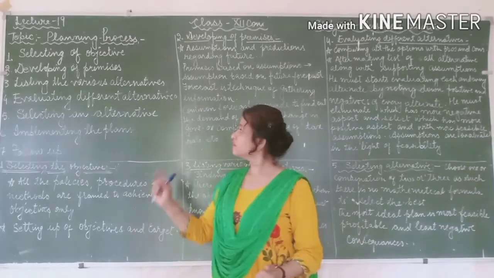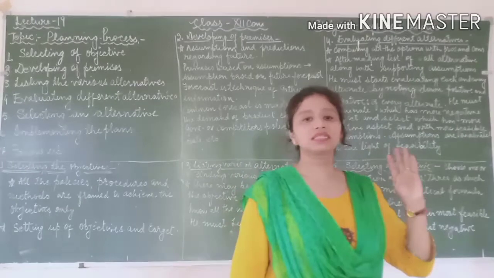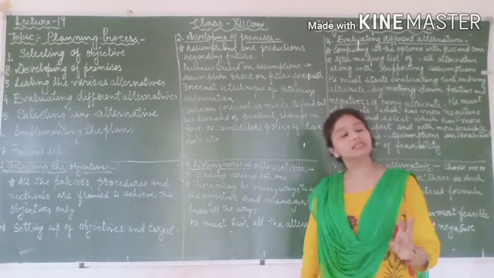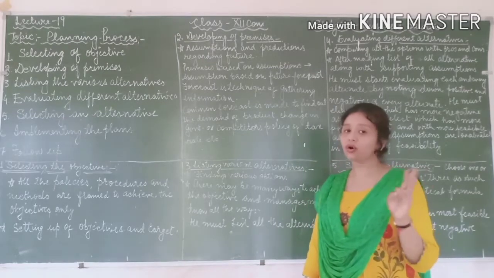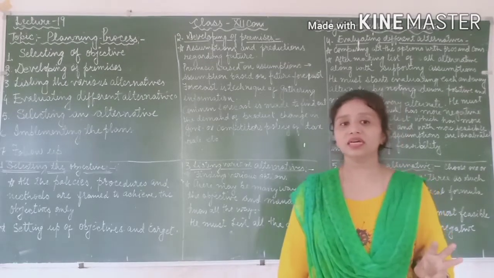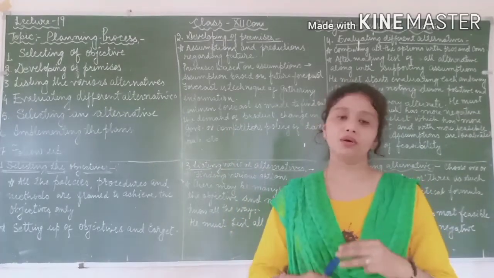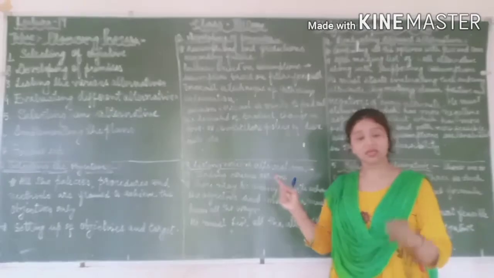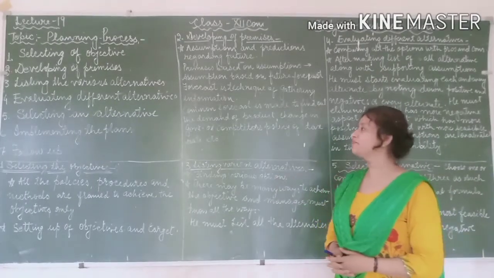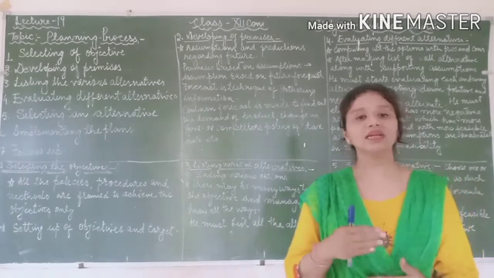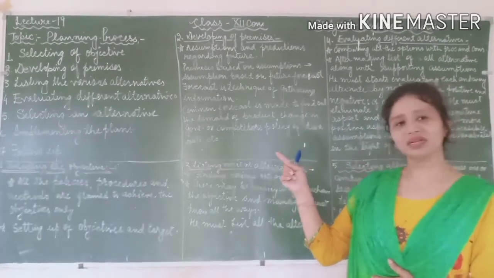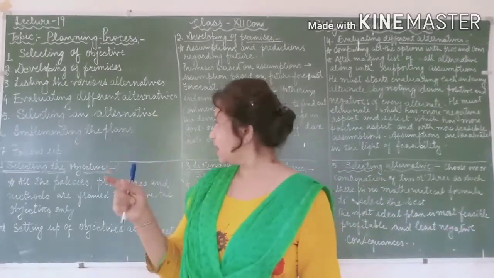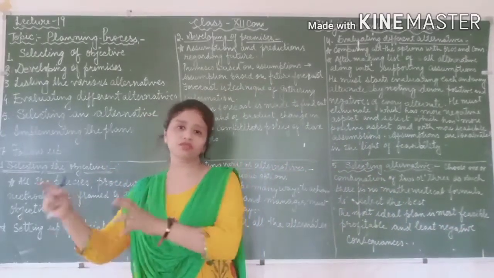So first is selecting the objective, second is developing the premises, third is listing all the alternatives, fourth is evaluating all the alternatives, then selecting the best alternative among all, next is implementing the plan, and last but not the least is the follow-up. This is all the process of the plan.